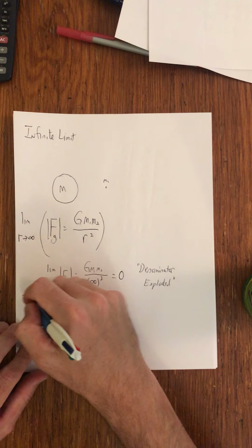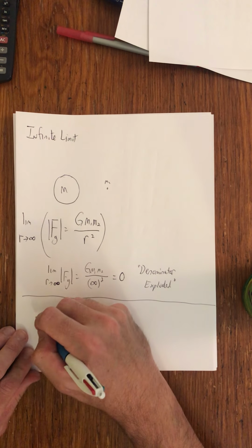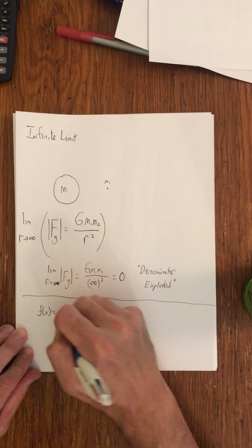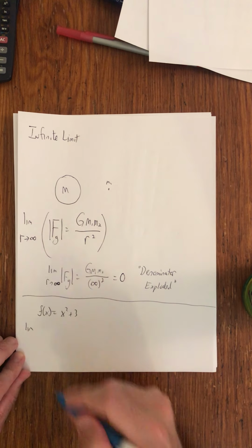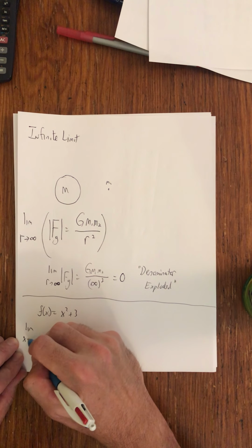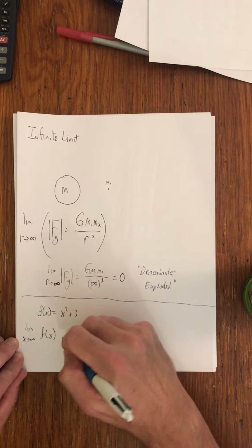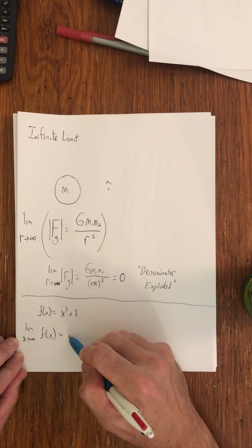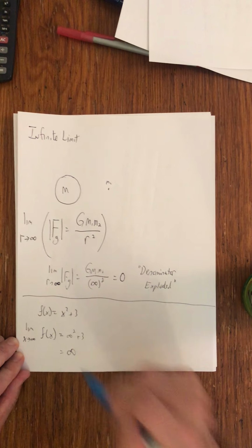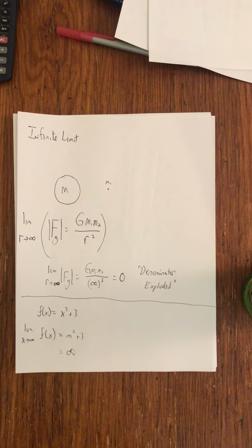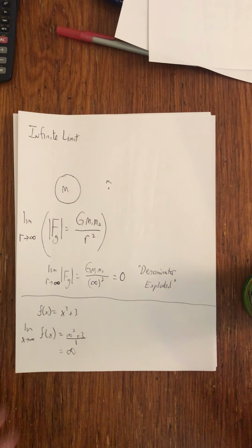So there we go. Now another example, let's go back to the more prosaic. F of x is equal to x squared plus 3. If I take the limit of this as x approaches infinity, that's going to be equal to essentially infinity squared plus 3, which is infinity. Now, there's no numerator there technically, but there is, because everything is over 1.